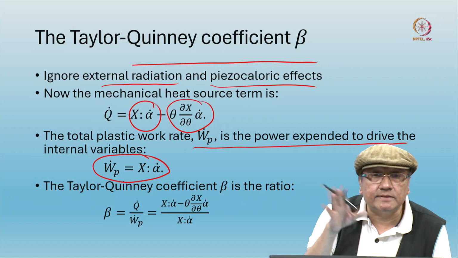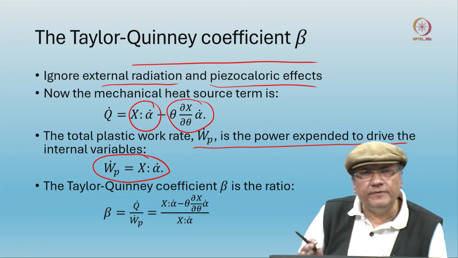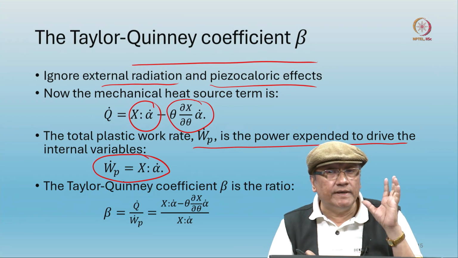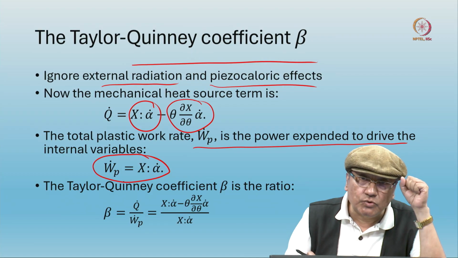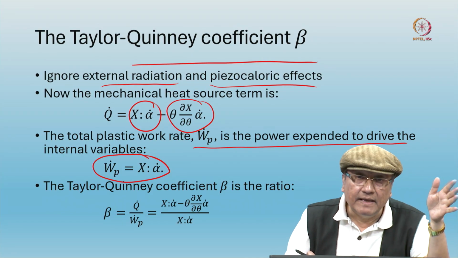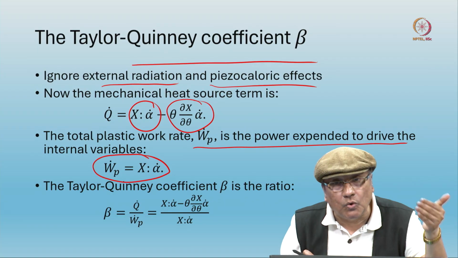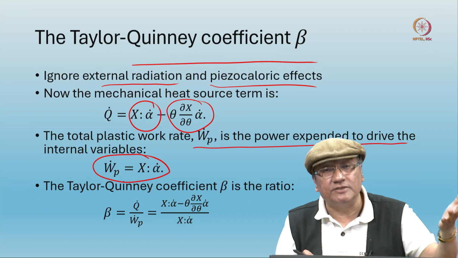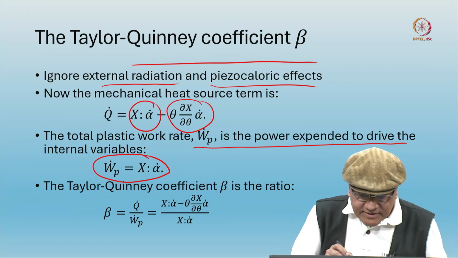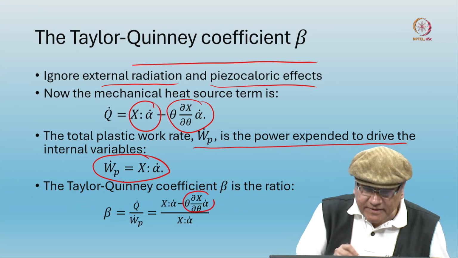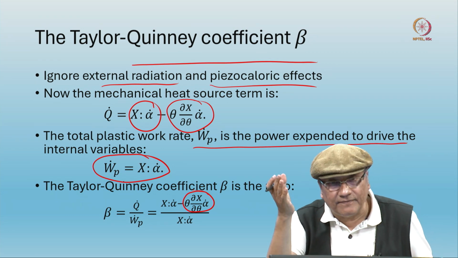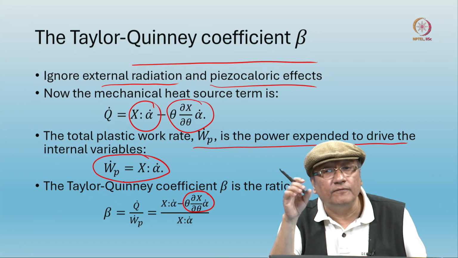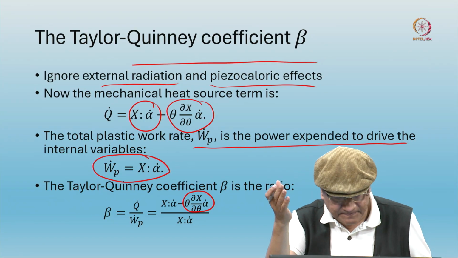Because of plasticity, this is the total work done. The Taylor-Quinney coefficient now tells you how much of this work goes into temperature change, that is through heat dissipation, and how much of it gets stored to change the microstructure and never goes into temperature change. So, clearly the thermoplastic effect is the energy rate which goes into the creation of a new microstructure, changing alpha.